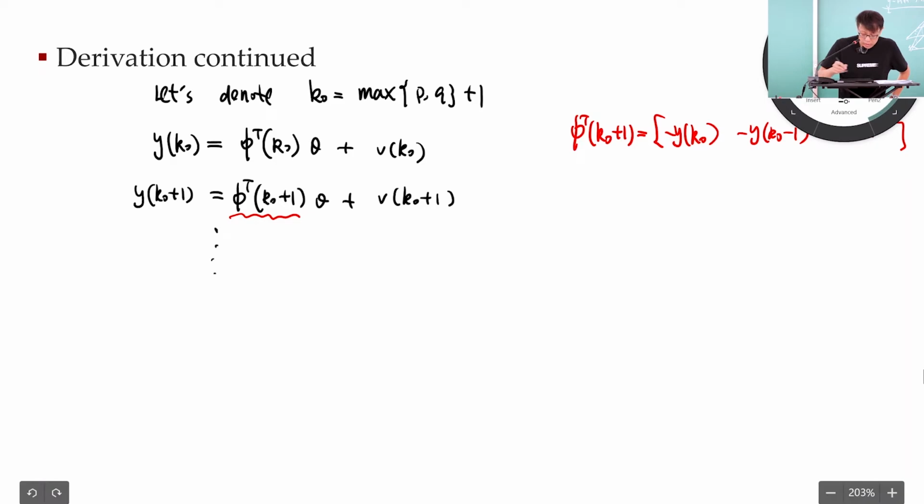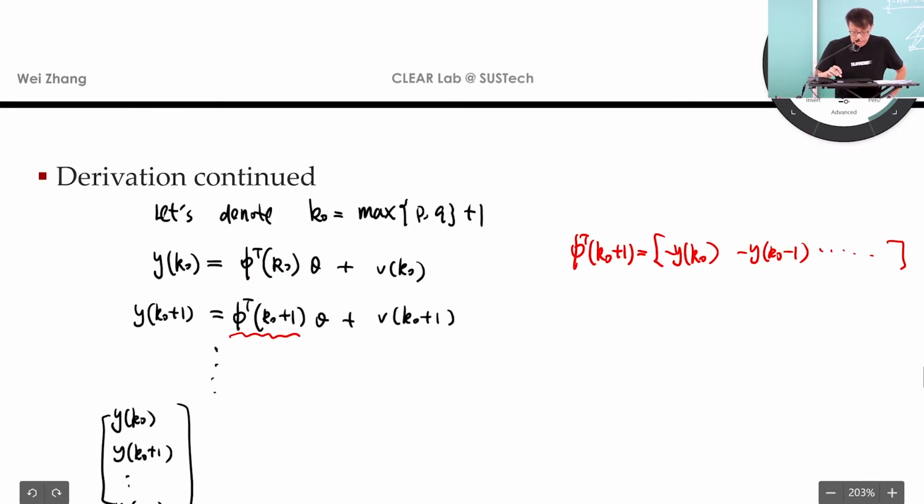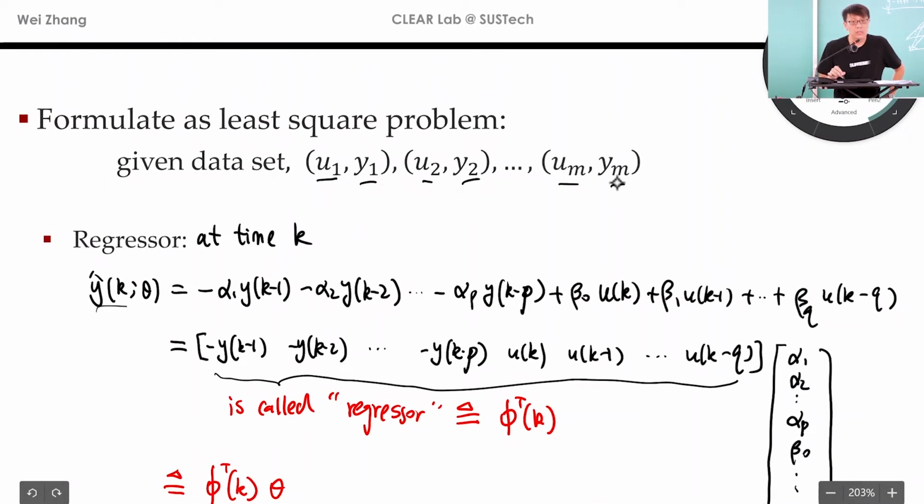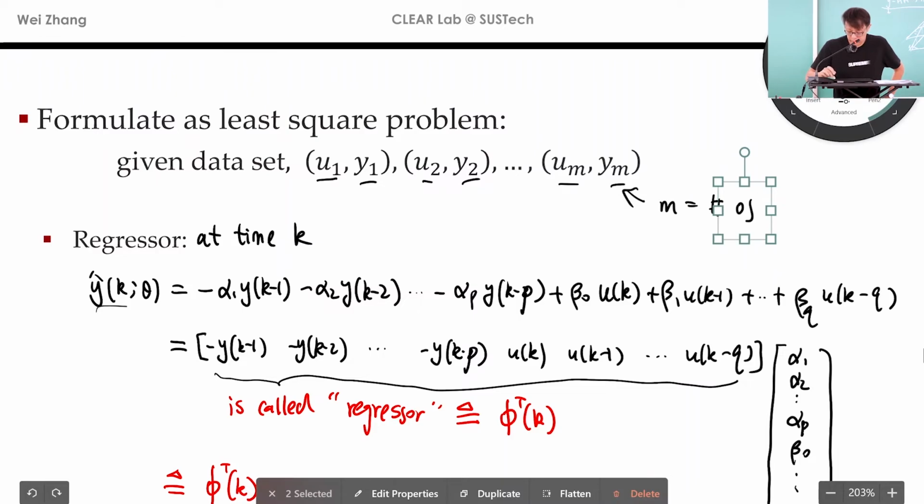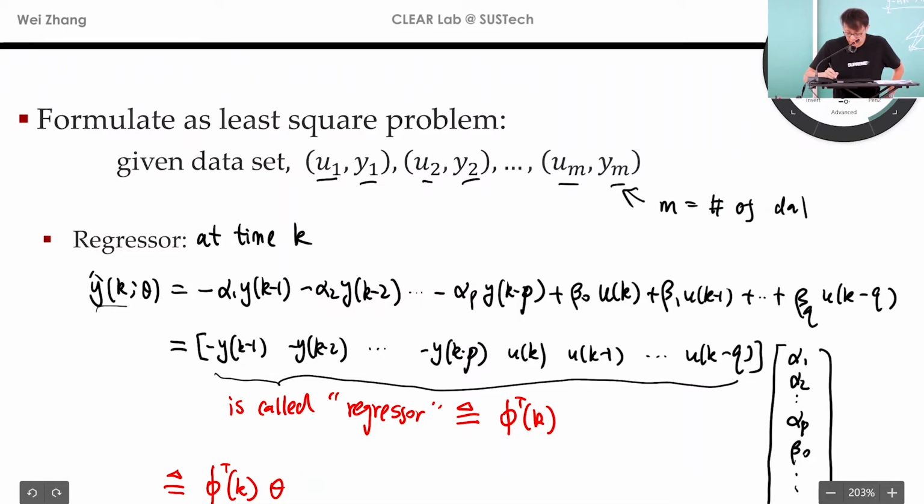So overall, you will have the following terms: Y K0, Y K0 plus 1, all the way to Y of M. Where does M come from? This M is the number of data points, the data pairs.